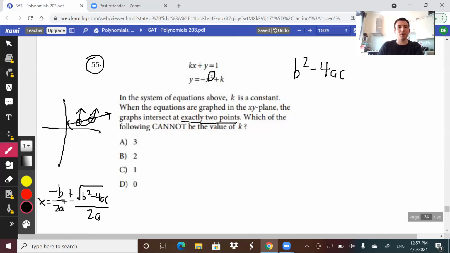We have negative b over 2a plus whatever this whole thing is, and negative b over 2a minus whatever this whole thing is. So what's under the radical has to be positive. So b squared minus 4ac has to be greater than 0.